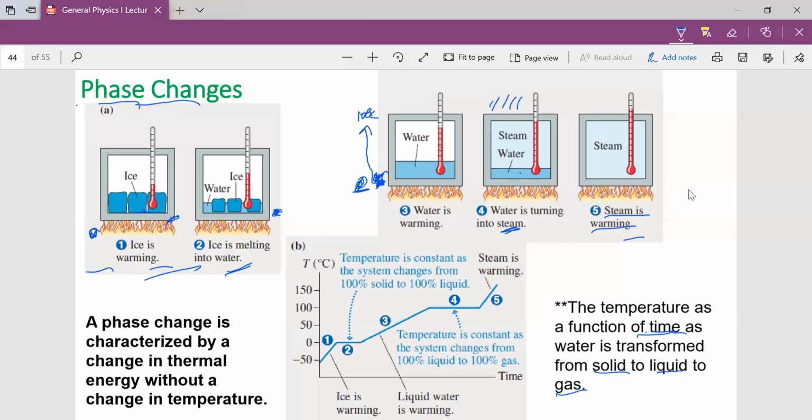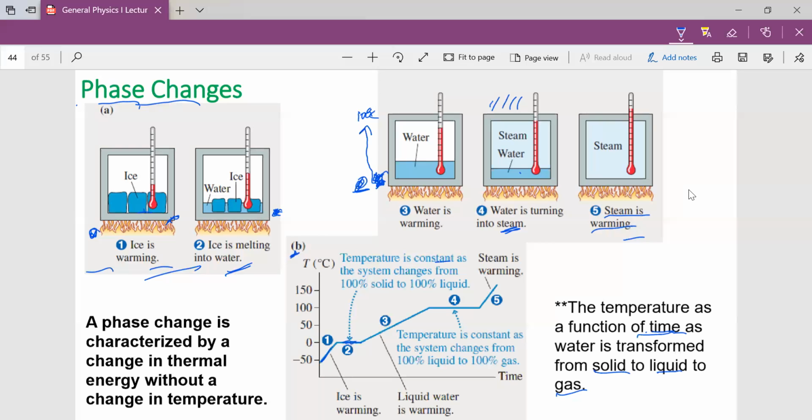That is the melting point where there's no change in temperature, and that we can easily see in the graph of figure B. We see the first stage, the slope, but at the second stage the temperature is not changing, it's just transforming from solid to liquid. You see it's flat, horizontal.